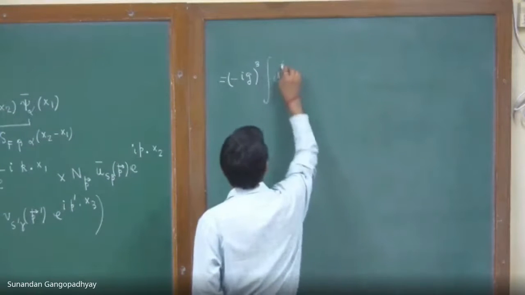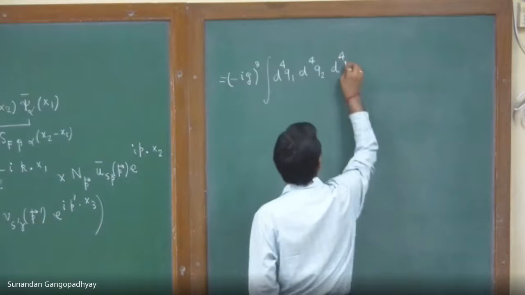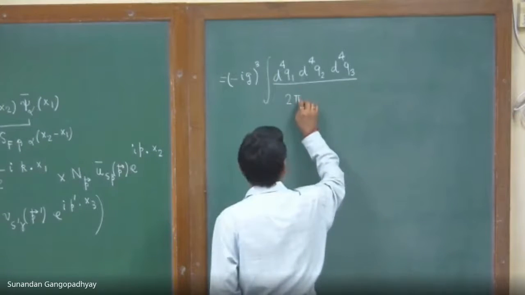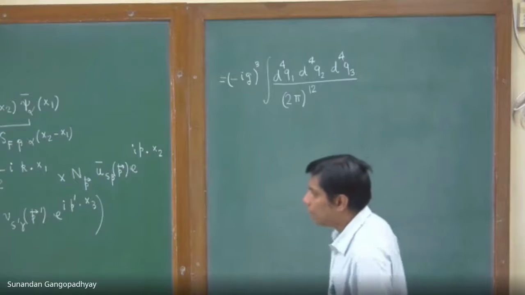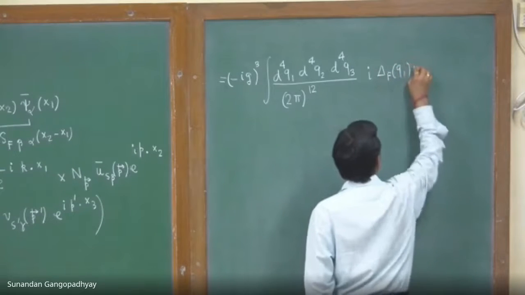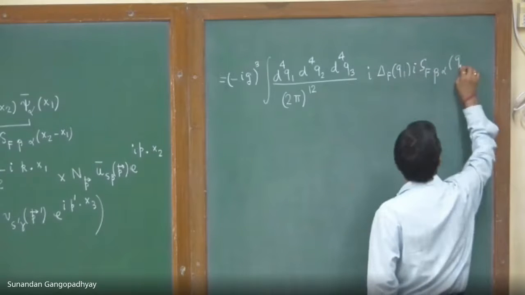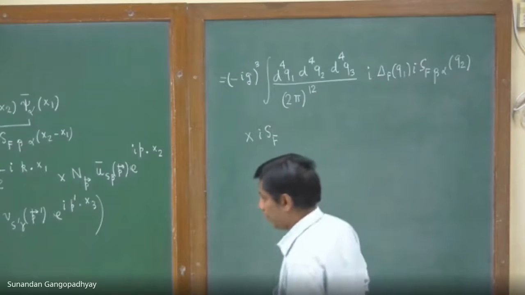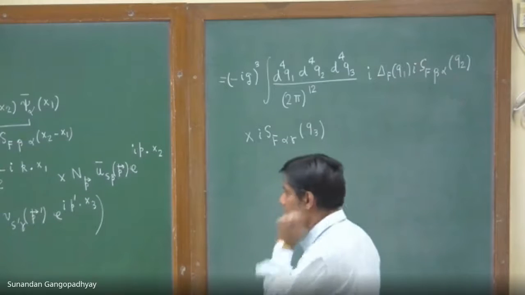So this is d^4 Q1, d^4 Q2, d^4 Q3, you can keep the integrals outside. That is what we have.